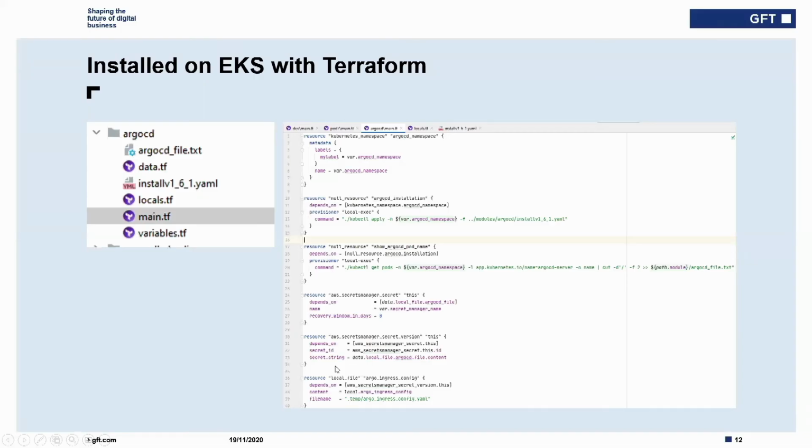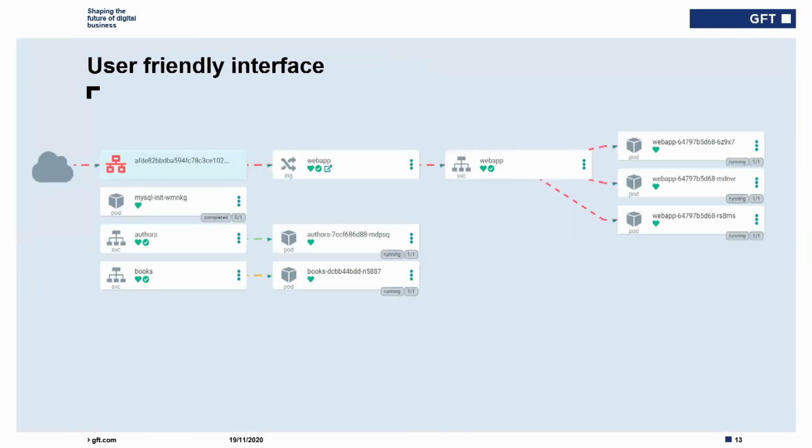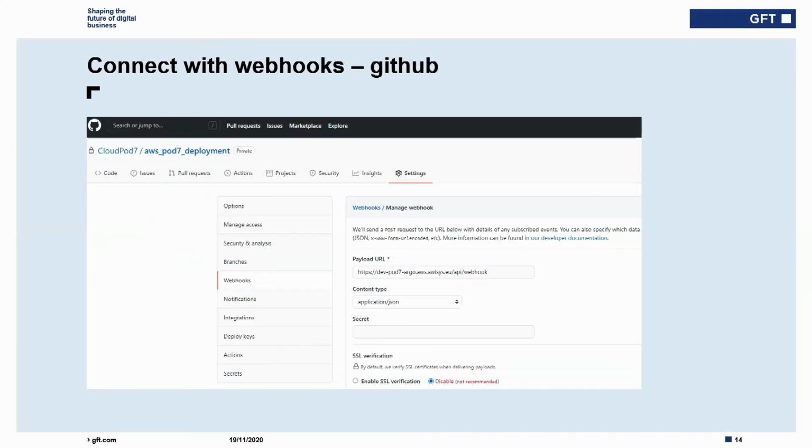So yeah, as a bullet point, with Argo you can just install it with Terraform. It has a friendly interface, as I told you, displaying services, pods and deployments. You have those webhooks. What I showed you here is that when you configure the webhook from your repository with Argo that is already deployed, it will automatically see the changes in your code and deploy whatever is there.